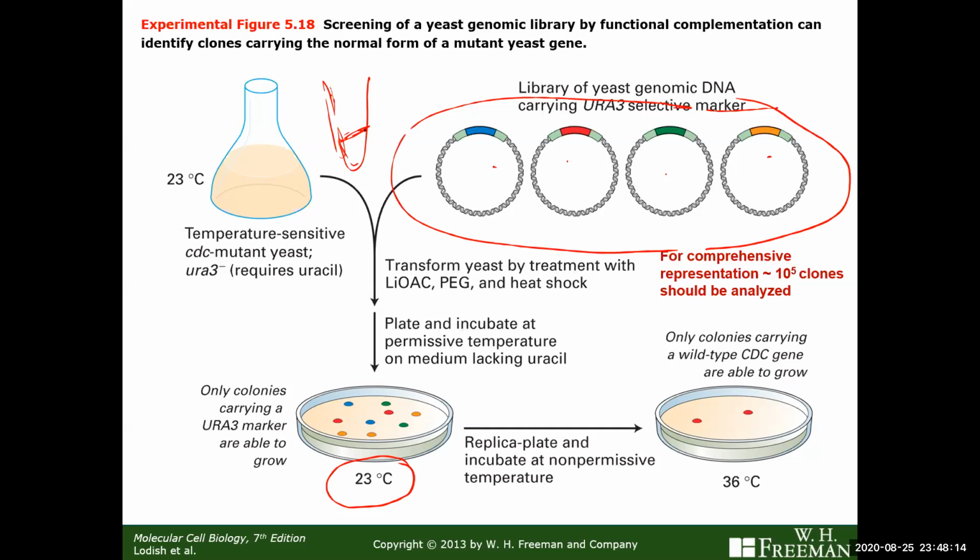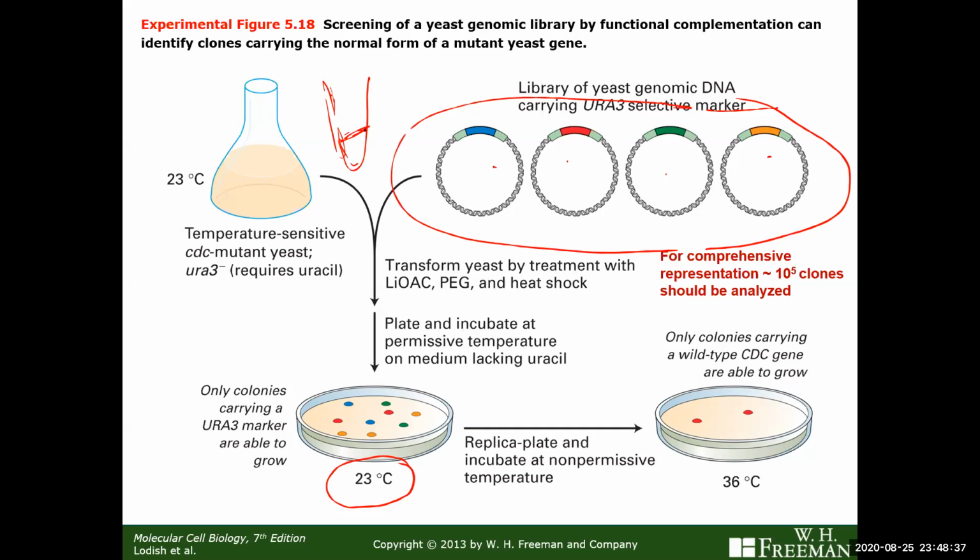So you transform the yeast cells. Say the transformation volume is 1 ml. So 1 ml divided by 400 is 2.5 microliters. So 2.5 microliters you will be plating on one plate. So that way you will be plating 400 different plates.